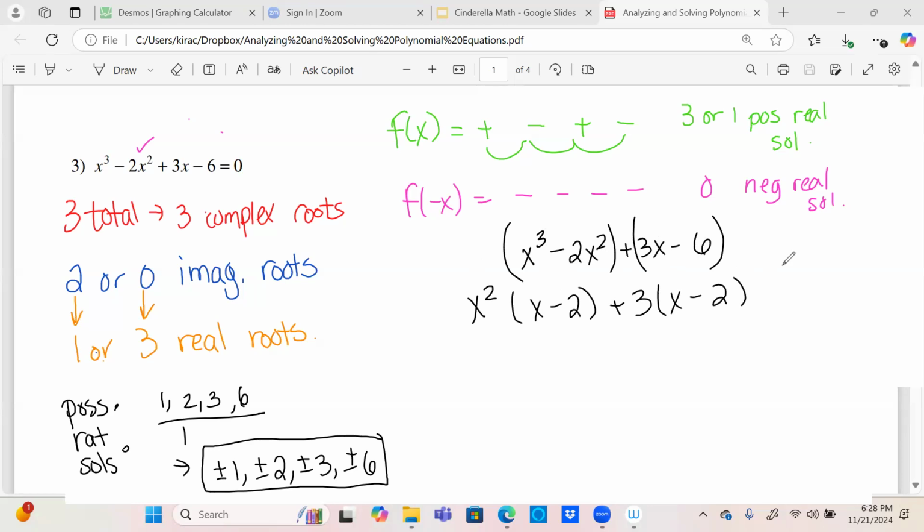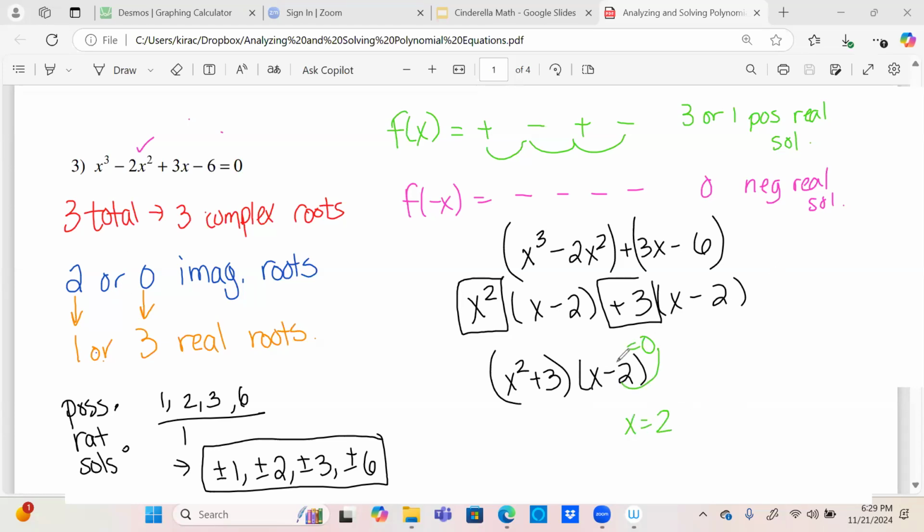I'm just checking my notes here. Yep, that looks good. And then after you group like that, you put the lonely things together. So you'll have x squared plus 3. And then you pull out the one that happens twice, you just carry that down once. Okay, there's your factors. Set to 0. This one will whip around and be x equals 2.